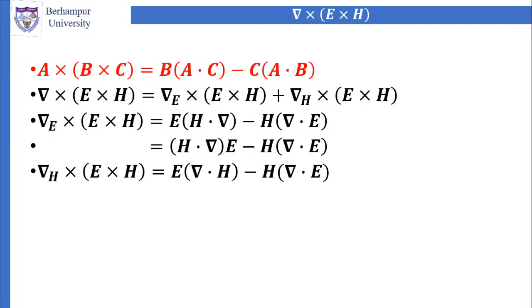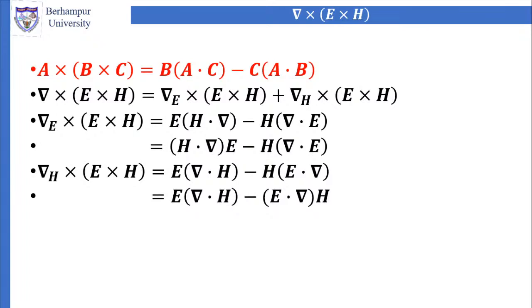Now we'll find out del H cross E cross H. Del H cross E cross H will be equal to E. E will be taken out. E is the B. E is equivalent to B. So take out E, B. Then A is del H, then dot H. Del is operating on H. Therefore, I'll drop H, del dot H. E del dot H minus H, this will be minus H E dot del.